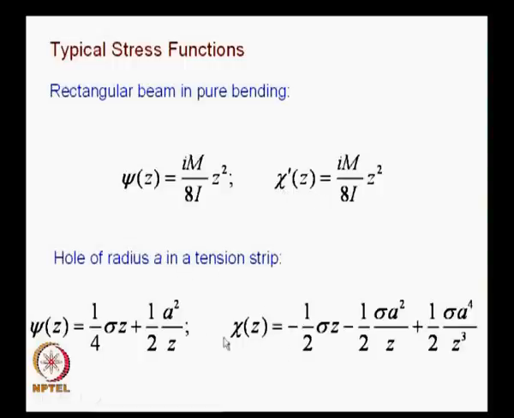For this problem chi z is directly given: chi z equal to minus half of sigma z minus 1 by 2 sigma a square divided by z plus 1 by 2 sigma a power 4 divided by z. The focus here is that for a variety of problems you could identify the analytic functions psi and chi.